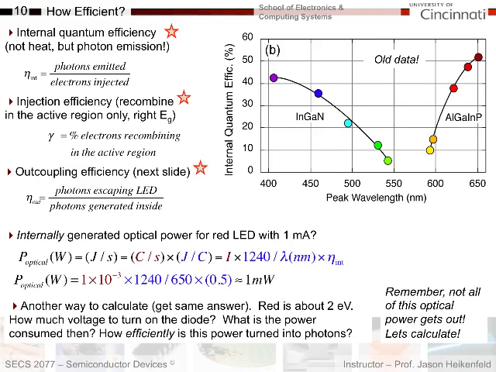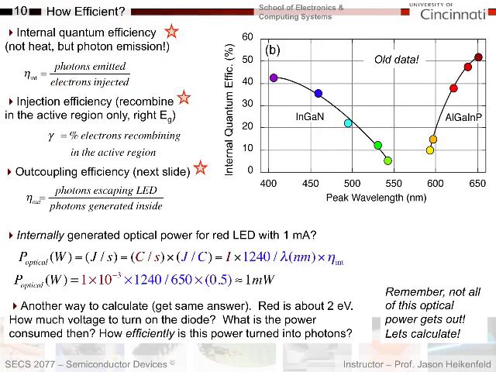So, how efficient can a diode be? Well, there are three key things we need when you calculate performance in terms of efficiency for a diode. The first one is called internal quantum efficiency, meaning we don't want heat, but we want photon emission. And how you measure that is if I inject X electrons into the emitting region, how many of those will recombine with holes and give me photons out?